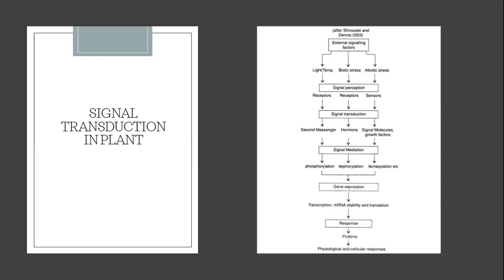Upregulation of a gene means these genes are overexpressed. The molecules produced from these genes are produced in higher amounts. That leads to a certain response. Or some genes are downregulated, meaning their expression is reduced, leading to less production of these molecules and ultimately producing a certain response. So gene expression is controlled by phosphorylation and dephosphorylation of certain molecules.